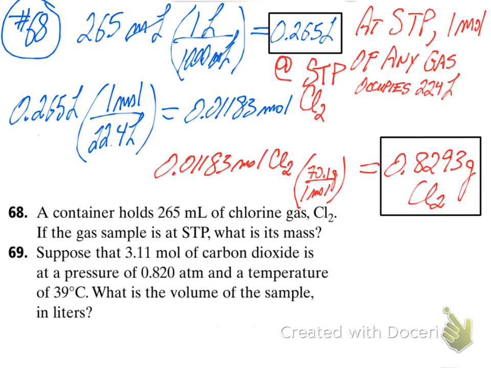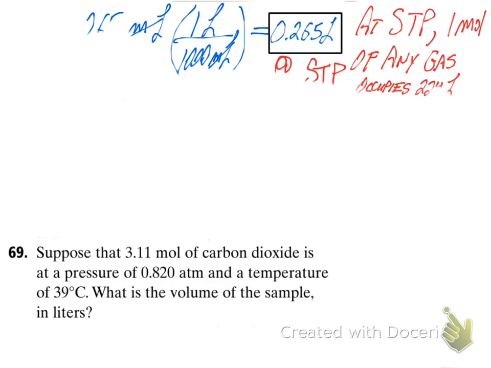Therefore, 70.1 times 0.01183 gives me my answer of 0.8293 grams of chlorine gas. So this sample of chlorine gas contained in 265 milliliters at STP has a mass of 0.8293 grams. So that's number 68.